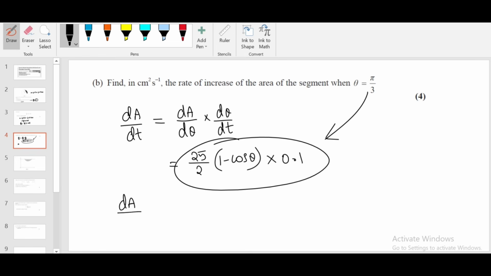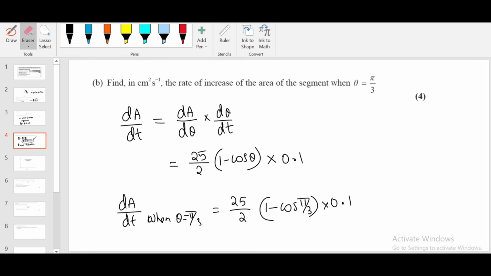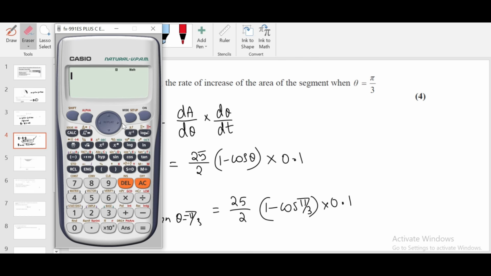So dA over dt when theta is equal to pi over 3 is 25 over 2, 1 minus cos pi over 3, times 0.1. We just need to calculate this. So I'm going to use my calculator in radian mode. First let's put everything in one shot.